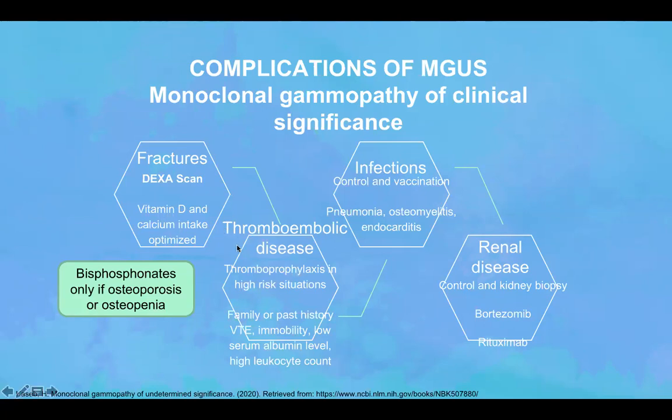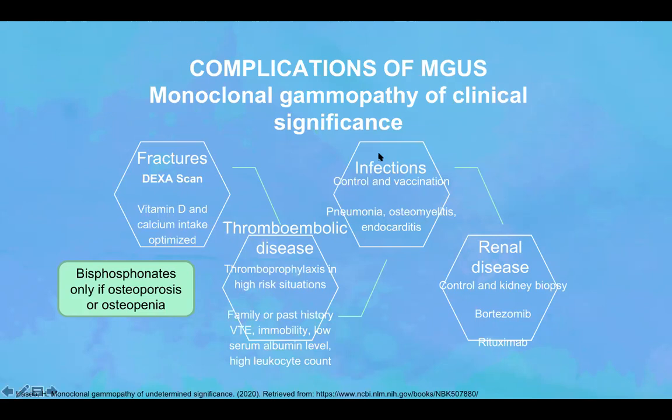If we are having a thromboembolic disease, this is going to be also present in patients that have high-risk situation. These patients are going to be having a family history or a past history of venous thromboembolism. They have a history of immobility, low levels of albumin, and high leukocyte count.